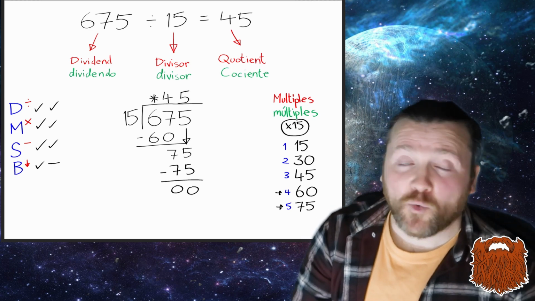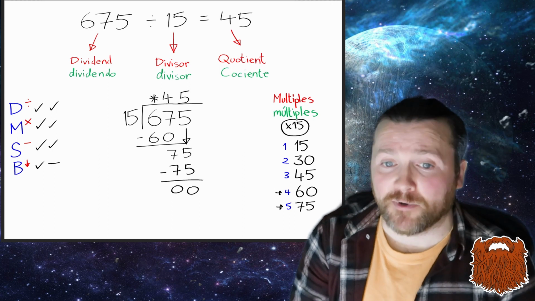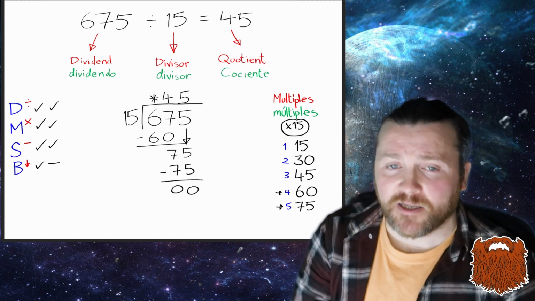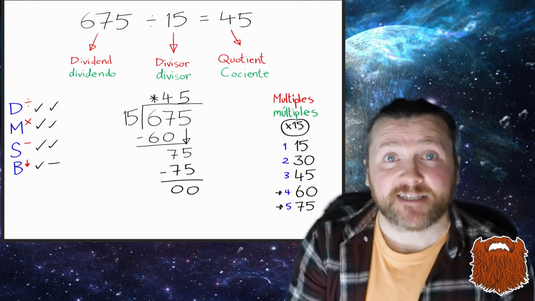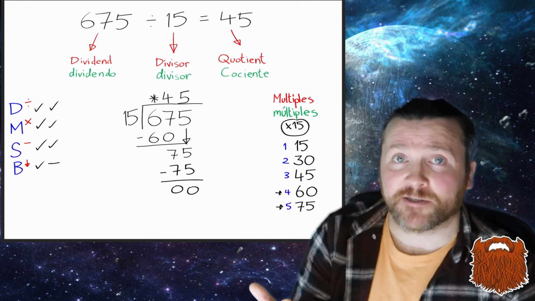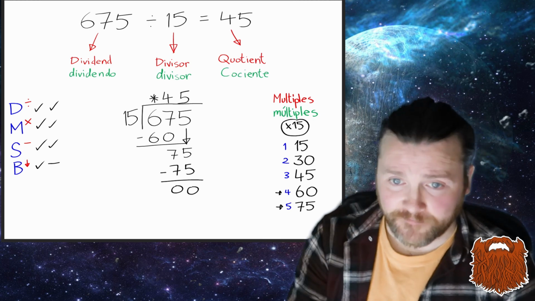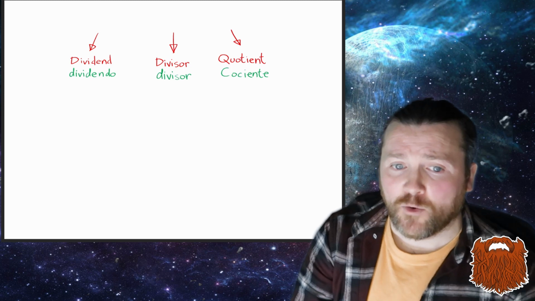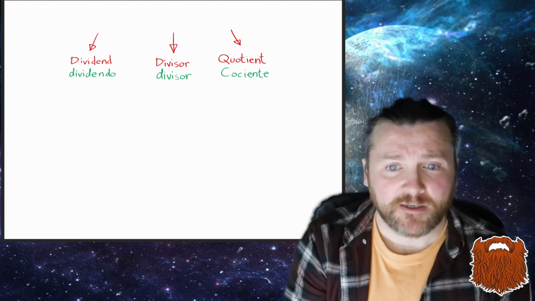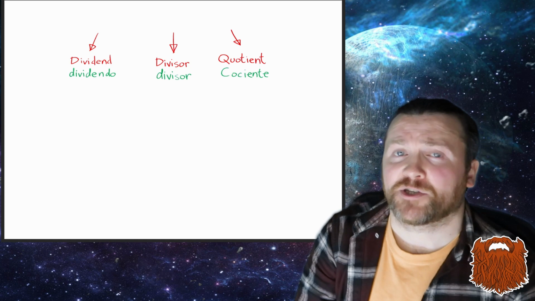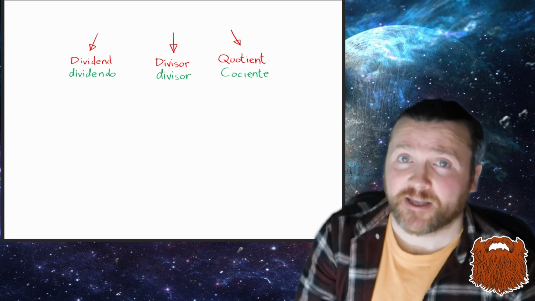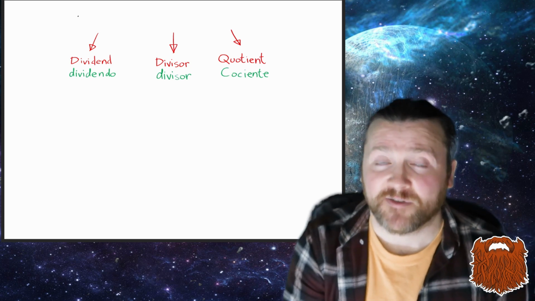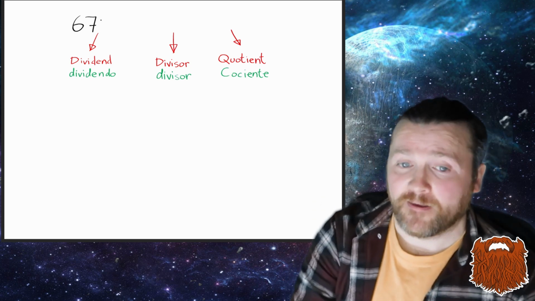So, with a remainder, it's quite simple. We'll still have a dividend, a divisor, and a quotient. This time, I think we're going to change the dividend, just to make it simple and keep it similar to the last sum, to 677.